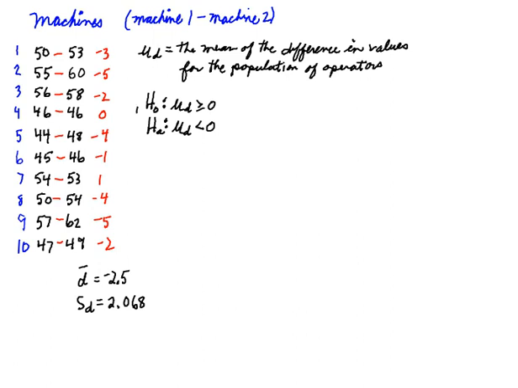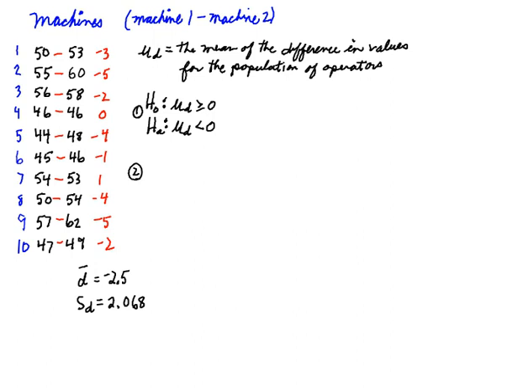So the way I would set up the null and alternative hypotheses would be mu sub d greater than or equal to 0 for the assumption, and trying to see if I can prove that mu sub d is less than 0. In other words, machine 2 is outperforming machine 1 based on the operators.